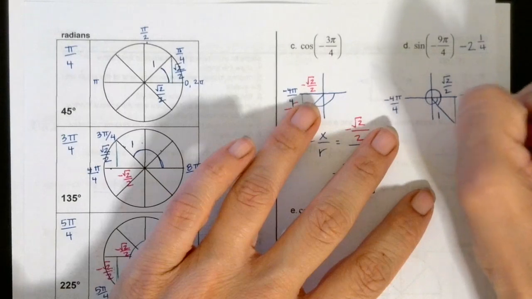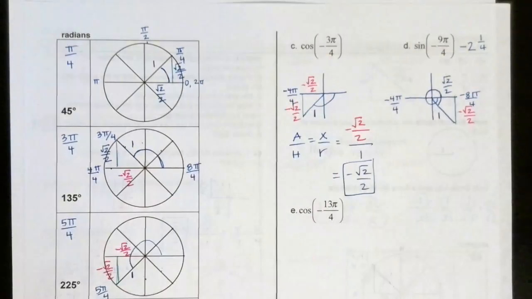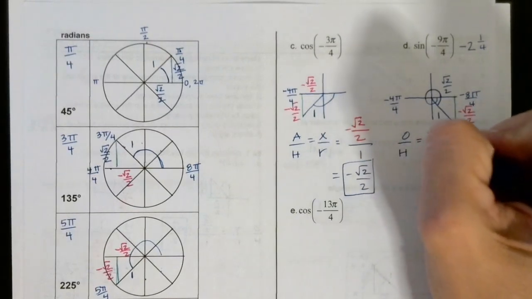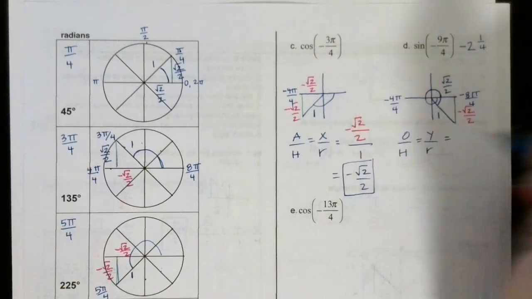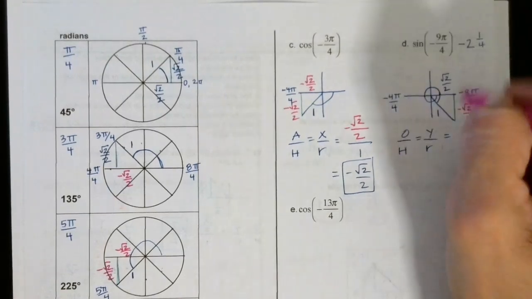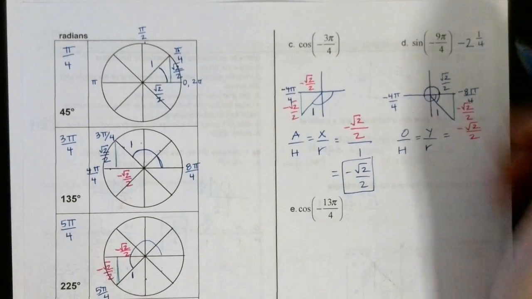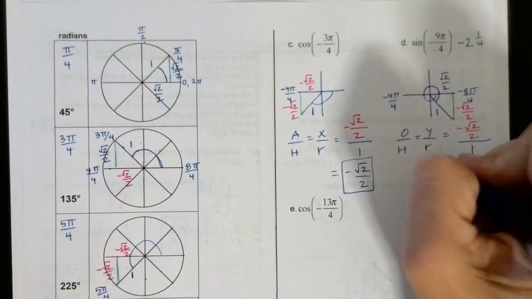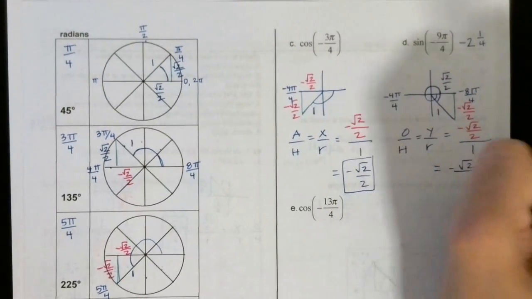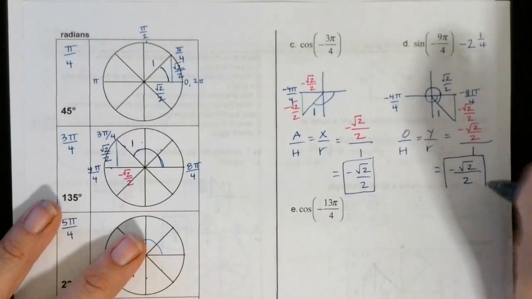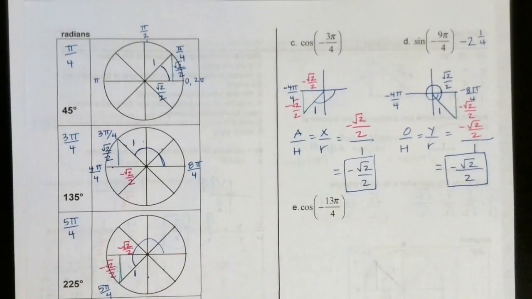This guy is negative. And then sine is opposite over hypotenuse, or y over r, which is negative root 2 over 2 all over 1, which is negative root 2 over 2. So fun, especially when you get to use different colored pens.